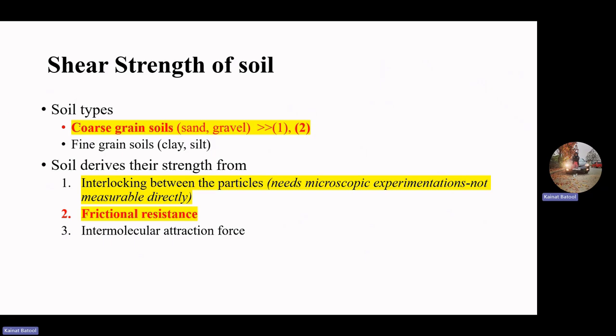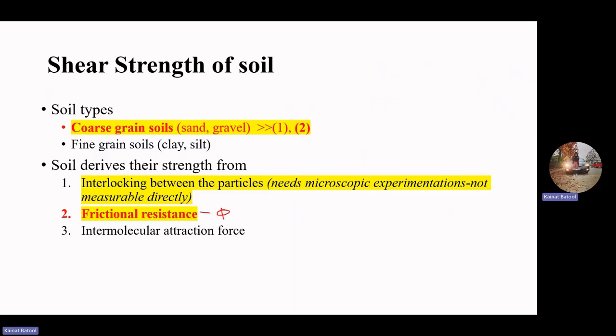Now, what we will do is consider a soil type and then see from which factors it is deriving its shear strength. So, firstly, we will take the case of coarse grain soil, sands and gravels. We are taking both as the same soils because there's no such difference between their properties, right? So, in these two types of soil, the soil is deriving its shear strength from interlocking and the frictional resistance, right?